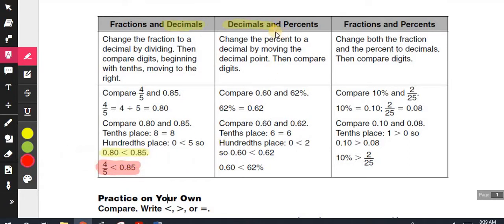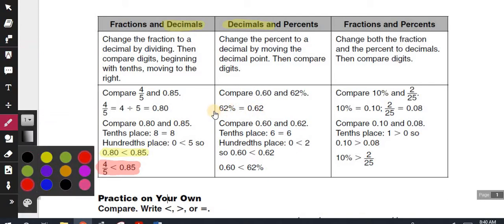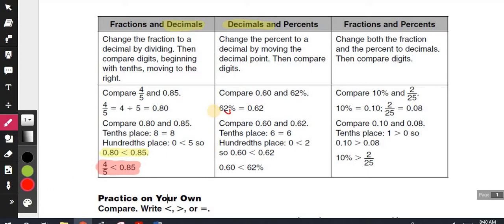Next, we've got our decimals and percents. So if we're comparing 0.60 and 62%, we're going to take the 62% and turn it into a decimal, 0.62. We take our decimal place and move it 2 units to the left in order to turn it into a decimal form. Now we're comparing 0.60 and 0.62.